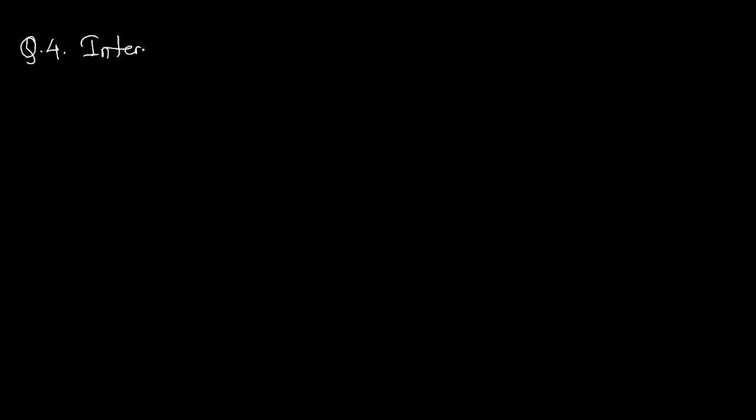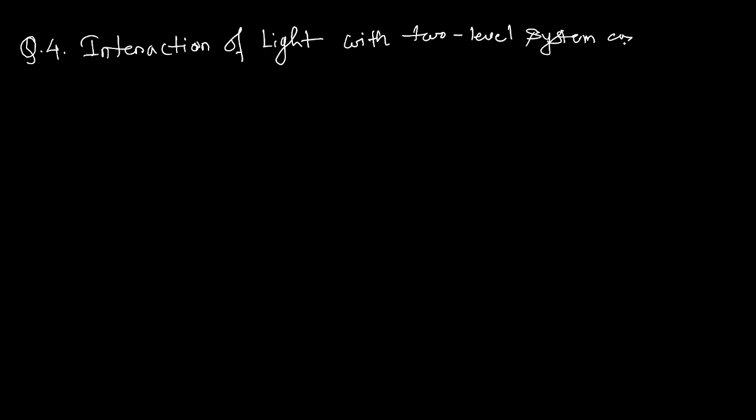Interaction of light with a two level system as described in question 1 leads to an atom with a ground state and excited state.